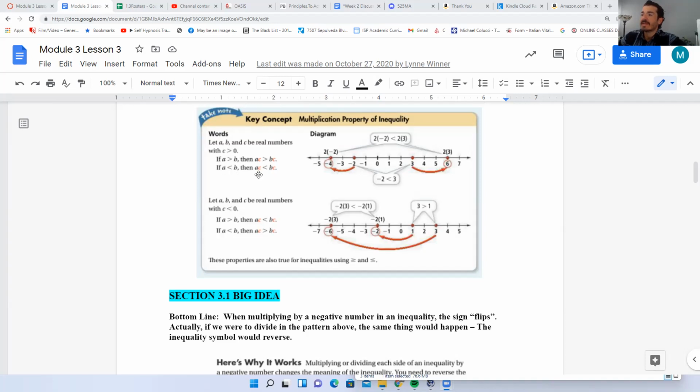If A is less than B, then A times C is less than B times C because C is greater than 0.